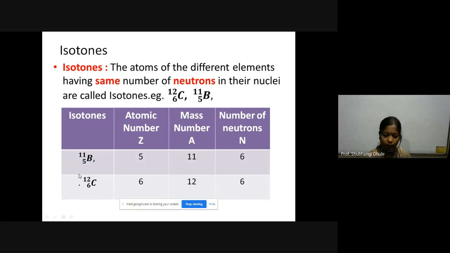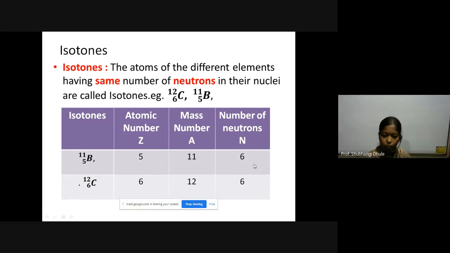I think you understand this. Again, I'm going to explain this for carbon 12. What is A? The mass number is 12. What is the value of Z? The atomic number is 6. So 12 minus 6, the number of neutrons is 6.